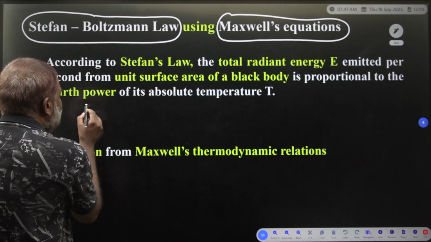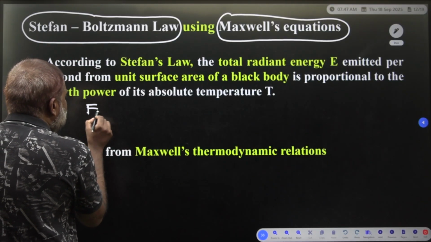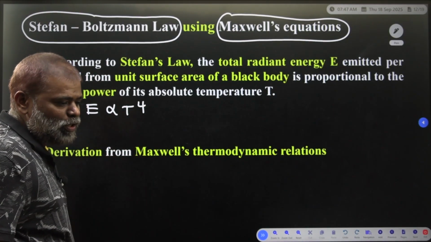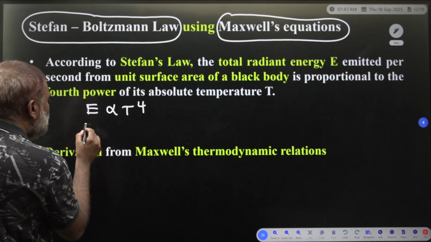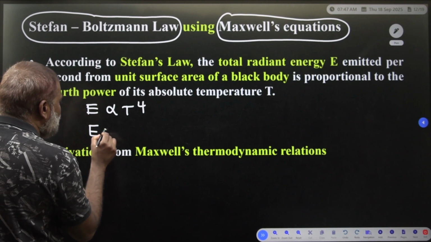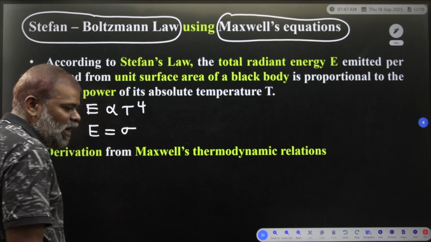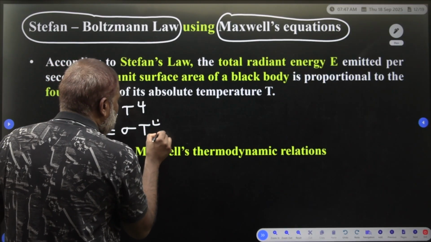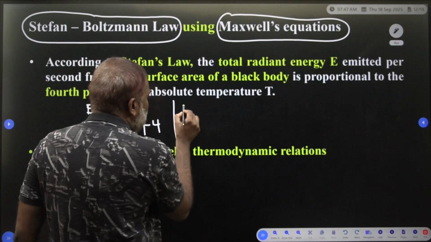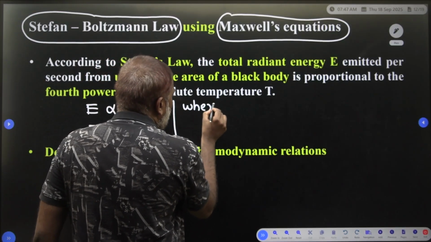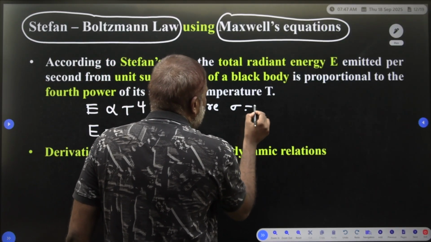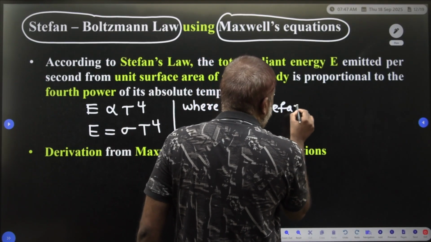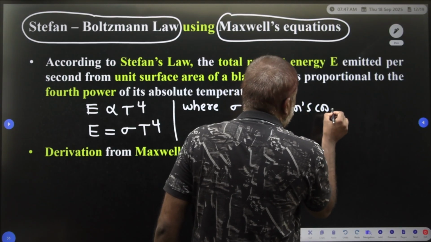So the energy is equal to σ into T to the power of 4, where σ is the Stefan's constant.